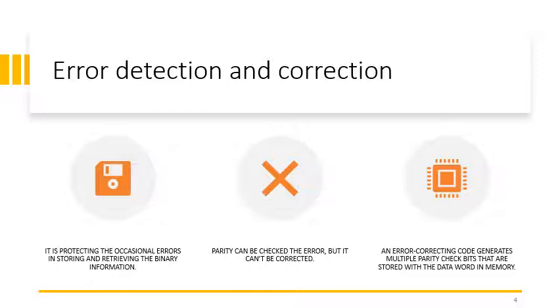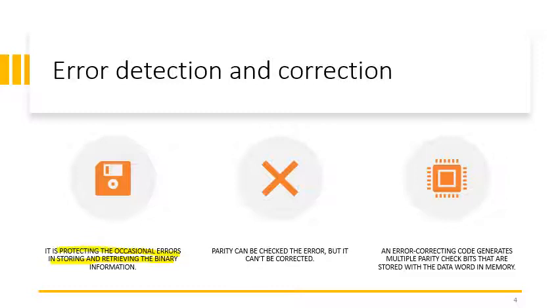At different levels, in order to maintain the integrity of our data, we use different sorts of error detection and correction schemes. These schemes are used in protecting against occasional errors in storing and retrieving binary information. If any error occurs in our binary data, these schemes help us to store and retain the information.